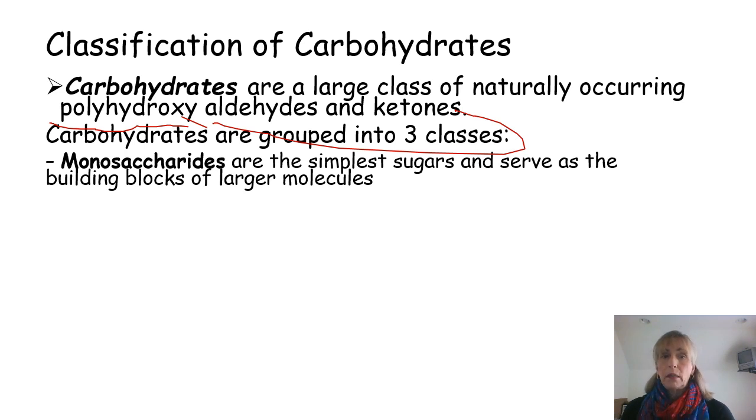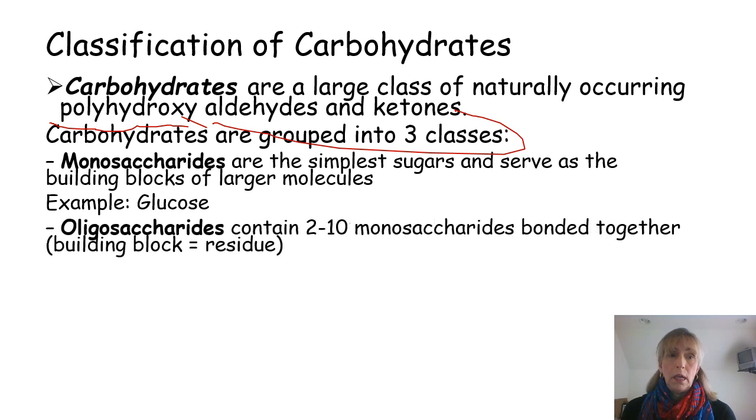Monosaccharides, they are the simplest sugars. And monosaccharides are what serve as the building blocks of larger molecules. An example of a monosaccharide would be glucose. Then we have the oligosaccharides. Oligosaccharides contain anywhere between 2 and 10 monosaccharides that are bonded together.